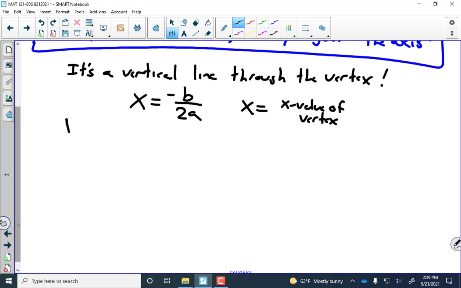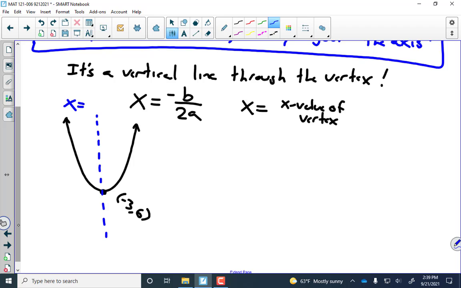If you know that there's a parabola that has a vertex of -3, 6, then you know that this vertical line has an equation, x equals, because it's vertical, and what's the x value it's equal to? -3, exactly the same as the x value of the vertex.